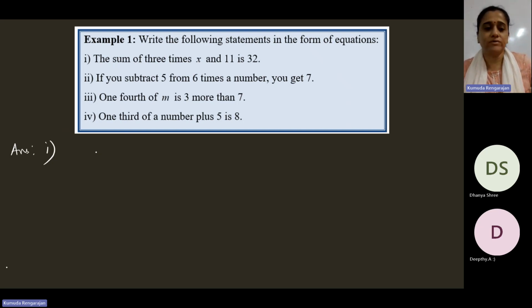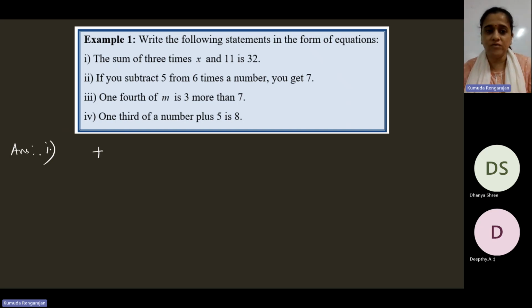The sum of. When we say sum of, there should be at least two quantities, something plus something minimum. You can find the sum of more than two quantities also. The sum of A, B, and C is A plus B plus C. But minimum two quantities should be there.